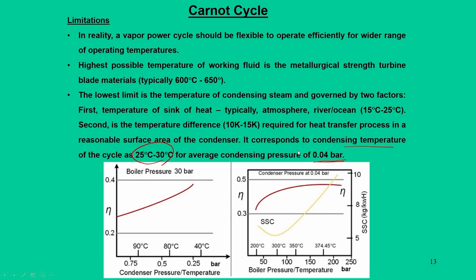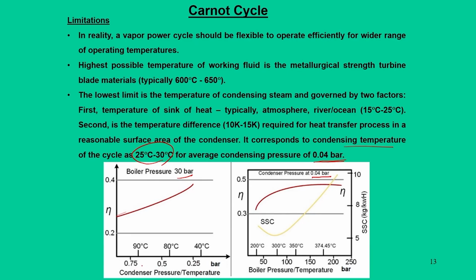If you try to plot the data and calculate efficiency, with a working pressure for the boiler of 30 bar and a condenser pressure of 0.04 bar, we can see that the efficiency increases with decrease in the condenser pressure or temperature.